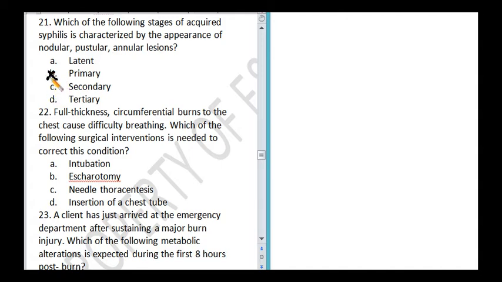Eliminate B, because the characteristic in the primary stage is your painless chancre. So eliminate B.